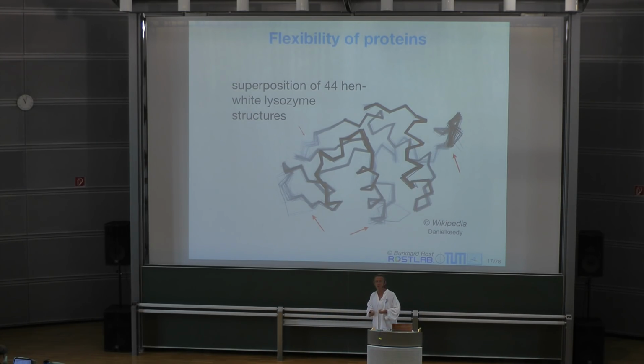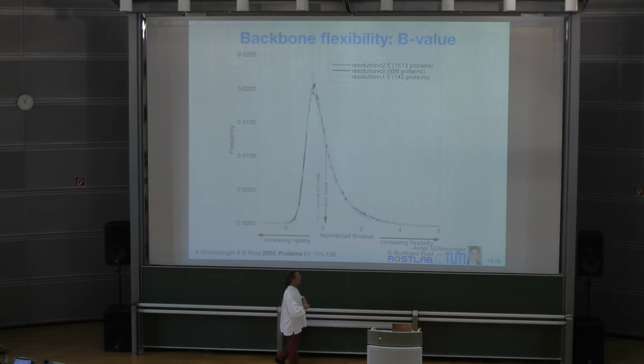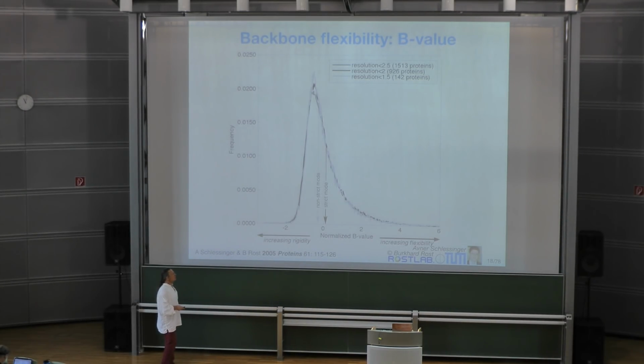That is interpreted to mean that the blacker it is, the less motion. The more these different models or structures differ, the more you assume that at that particular position you have motion. Overall, over some data set, you can normalize the b-values and get a distribution like this.